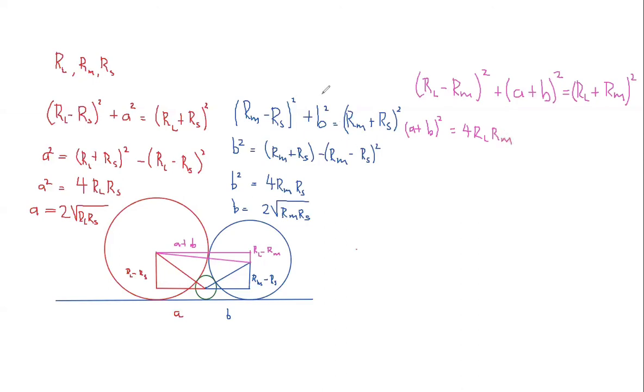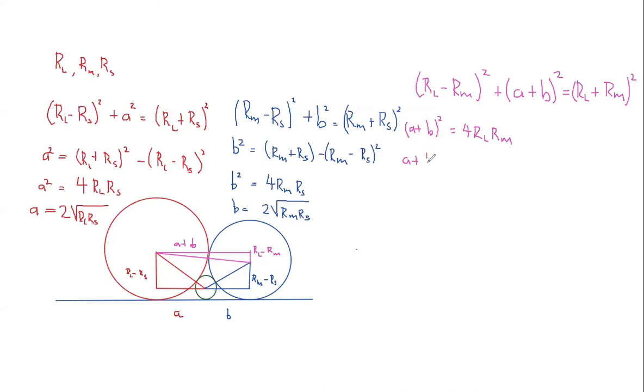Okay, we take it over, expand, and simplify. The RLs cancel, the RMs will cancel, and then we'll have a minus 2 RL and a 2 RLM as well. So we get this. Then we find our square root of both sides.